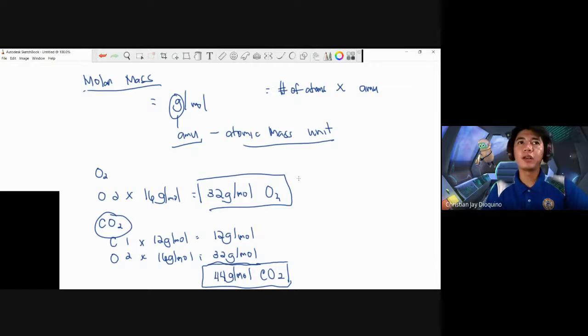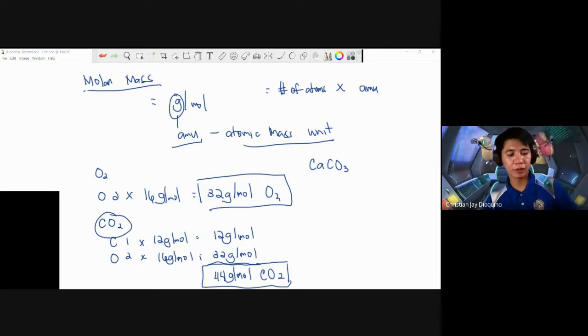So get the molar mass of this calcium carbonate. Calcium carbonate.